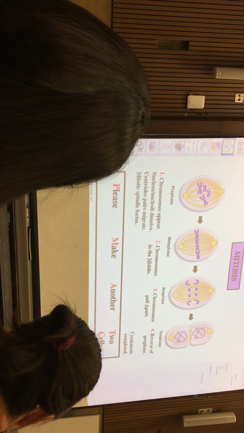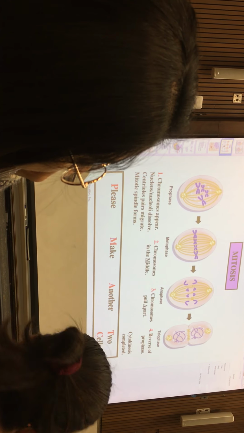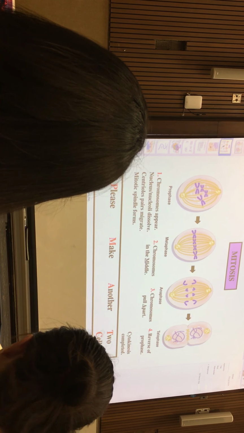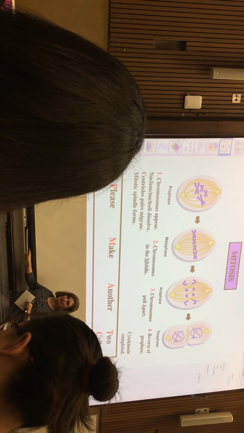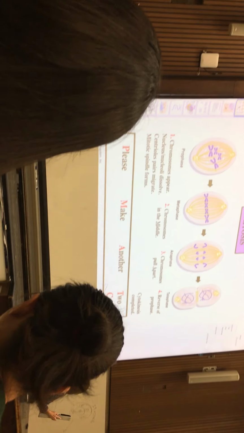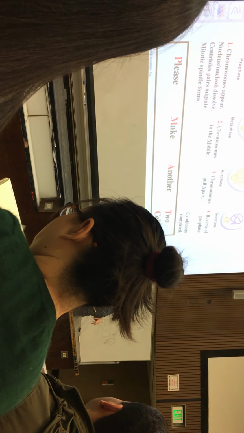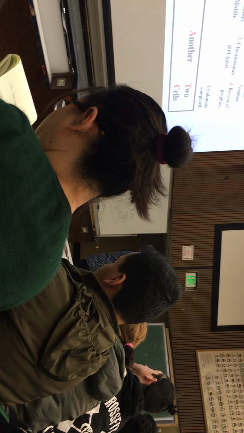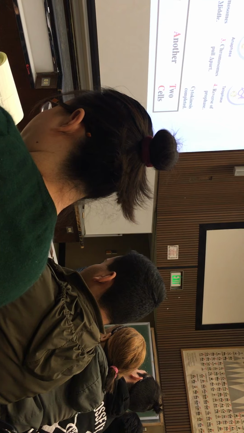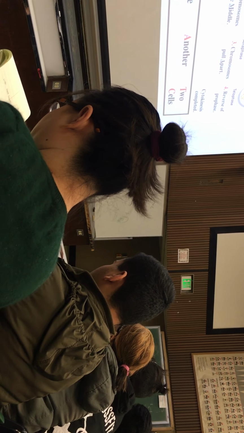Yes? Can you explain the mitotic spindle again? The mitotic spindle? So the mitotic spindle, and the book will give you a lot more information, is like a bunch of little wires coming out. I don't even know what I would draw for the mitotic spindle. But basically, we have a bunch of microtubules that initially are within the centrioles, and you have that nice little 9 triplets of microtubules.